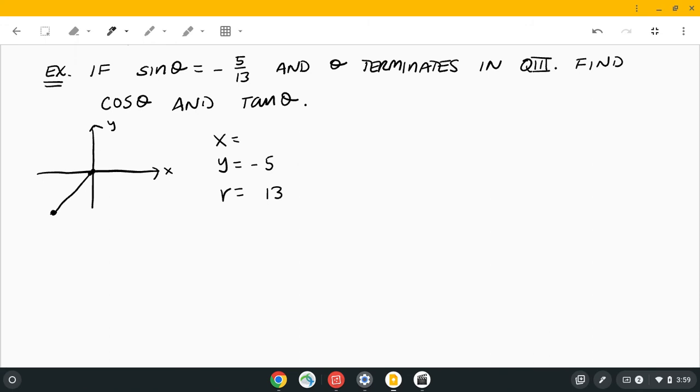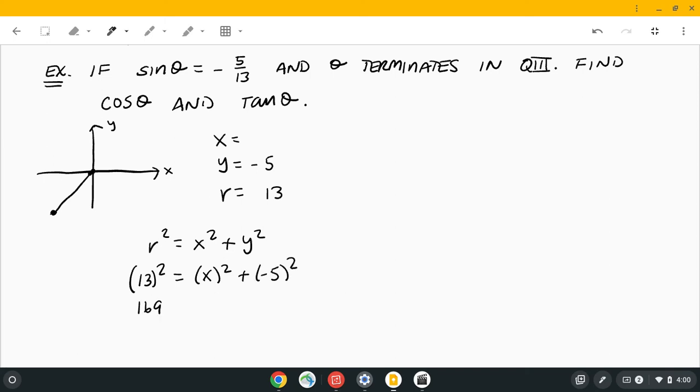Okay, so here we can figure out x by using the Pythagorean theorem. We know that r squared equals x squared plus y squared. So we get 13 squared equals x squared, we don't know, plus y squared, negative 5.